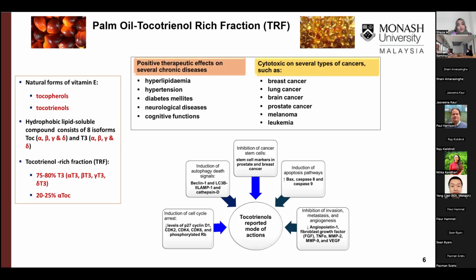Different ways have been reported by which this vitamin, or TRF, the tocotrienol-rich fraction, can mediate its effect: reducing the cell cycle, inducing autophagy and death, inhibiting cancer stem cells, inducing apoptosis, and decreasing angiogenesis in cancer cells.